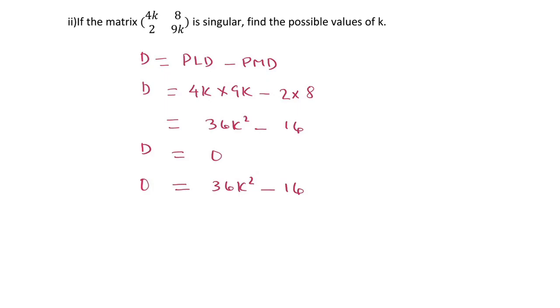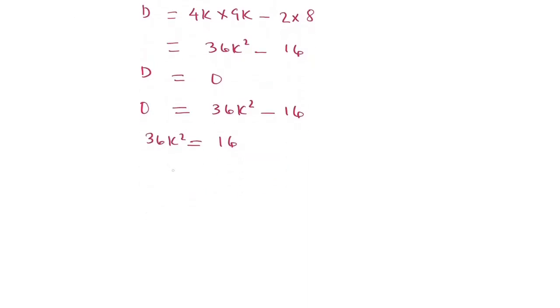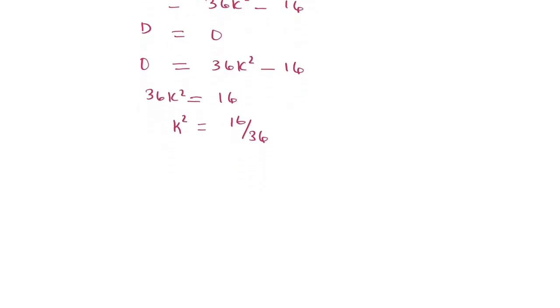Let us now collect the like terms. Our equation is going to be 36k squared equals 16. Let us divide by 36 on both sides. Then k squared equals 16 over 36. Next we apply the root on both sides with plus or minus to eliminate the square.